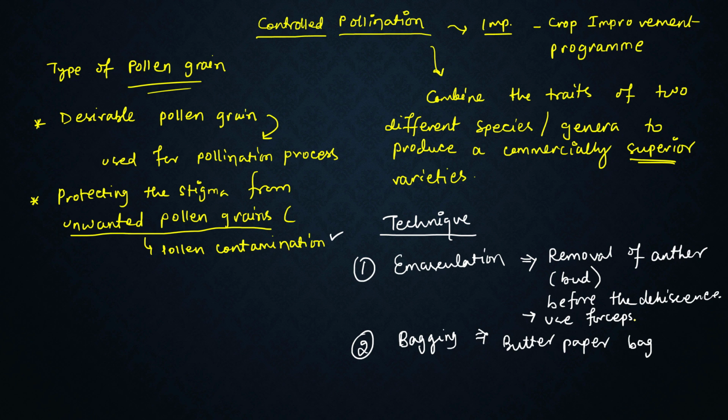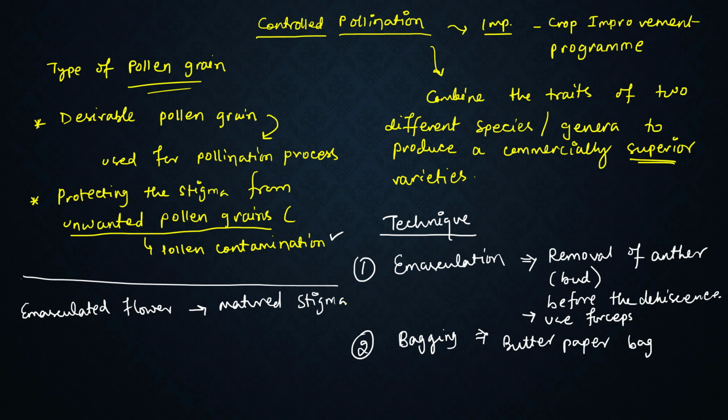Now the question is, how are we going to bring about pollination? Imagine that you have the emasculated flower, and once the flower is emasculated, the stigma is going to mature. So we will wait till the stigma is matured.